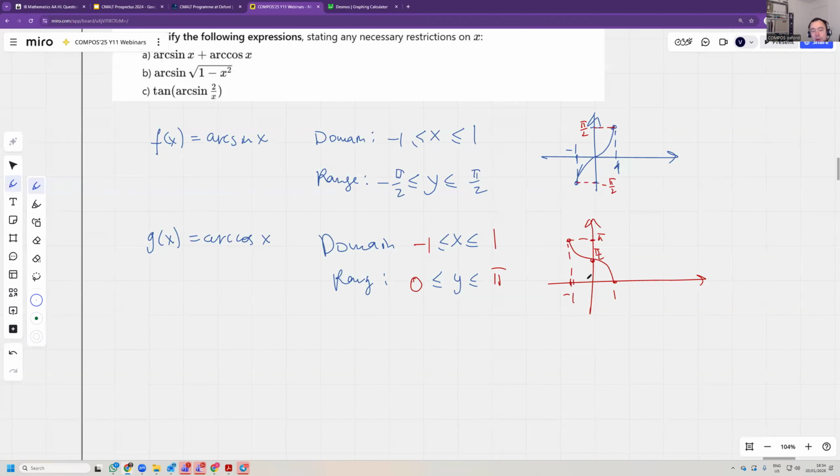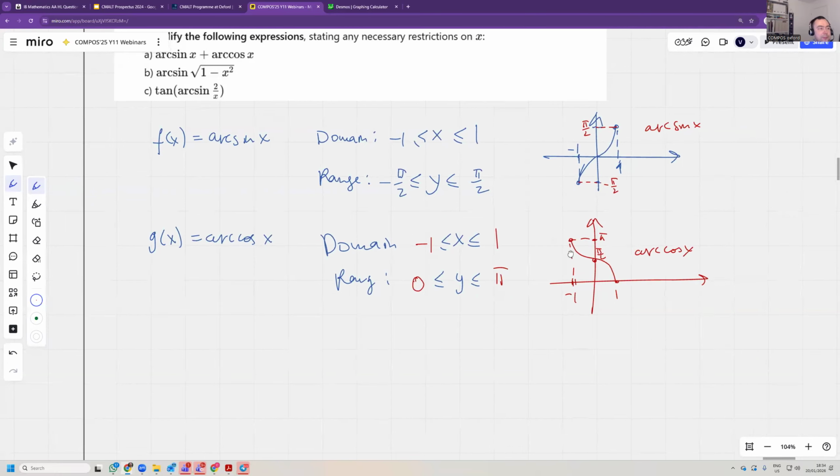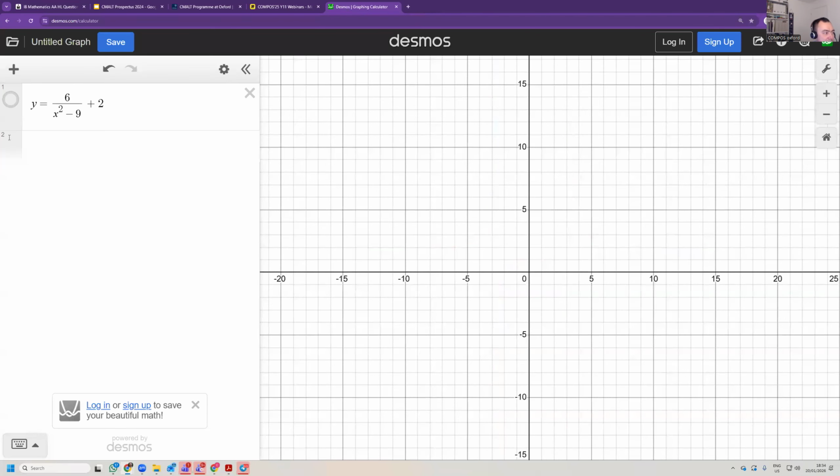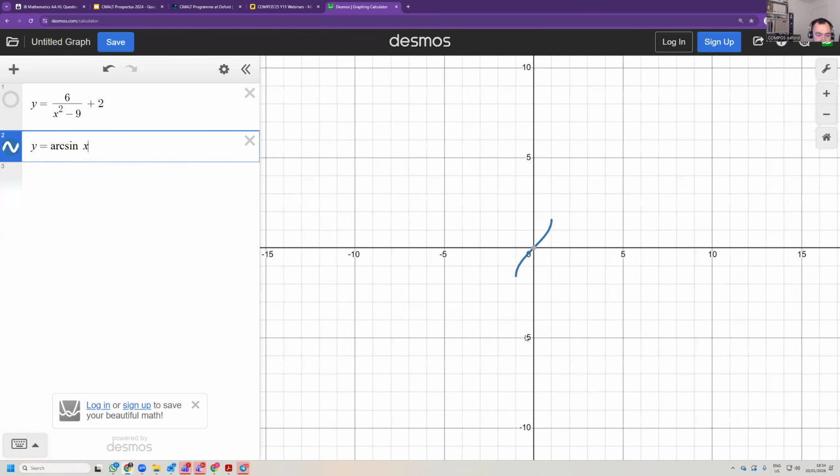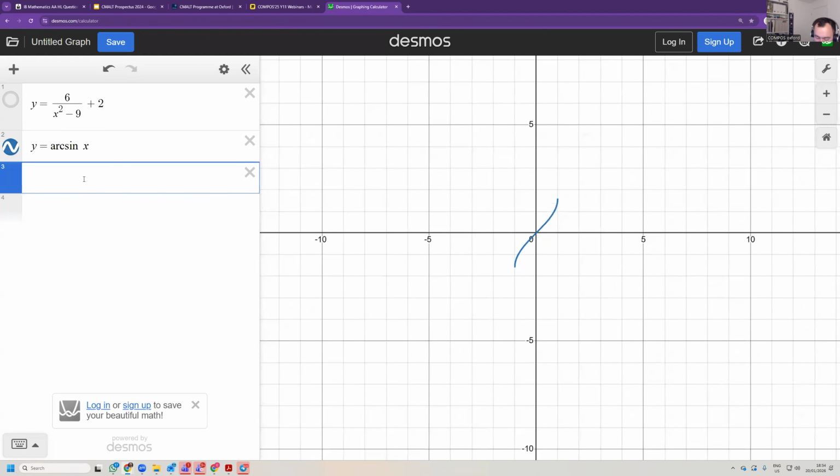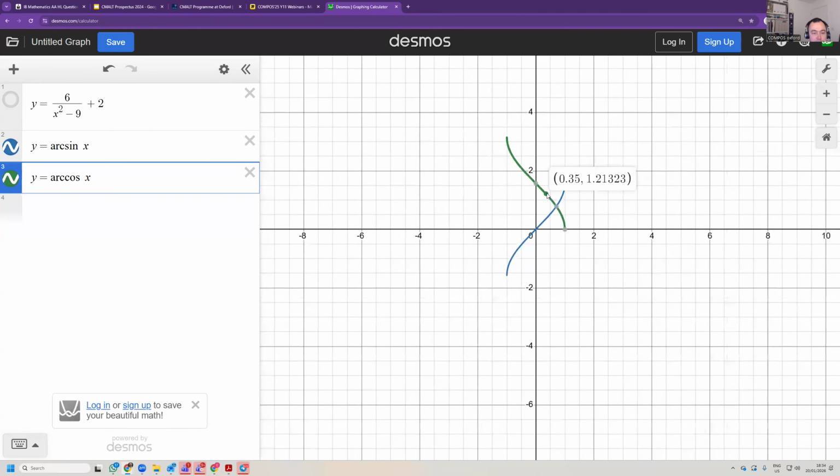This is the graph of arc cos x, and this is arc sine x. You can check that. y equals arc sine x does look like this. And y equals arc cos x looks like this. So two graphs that look like this. Cool.